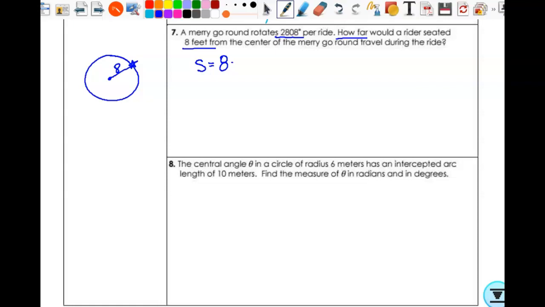So we need to know how to convert. 2,808, what do we multiply by to convert from degrees to radians? Pi over 180. Because that's your ratio, right? Pi is 180. So pi over 180 or 180 over pi, if you're trying to get it into radians, the radian part's on the top. And so this one for sure, should we be able to do it by hand? Yeah, but use your calculator and see what we get for theta here.